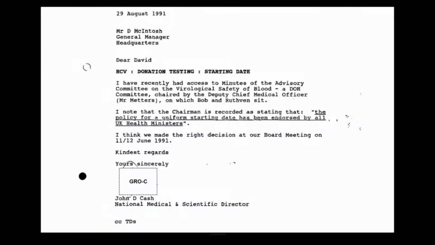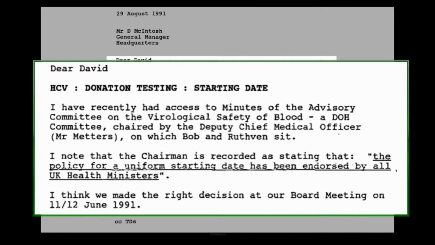So if we look at PRSE 40615, this was a letter from Professor Cash to Mr. McIntosh, 29th of August 1991, in which he says, I've recently had access to minutes of the Advisory Committee on the Virological Safety of Blood. And then he notes what's said in those minutes about the policy for a uniform starting date, and that's for hepatitis C testing of blood donations.